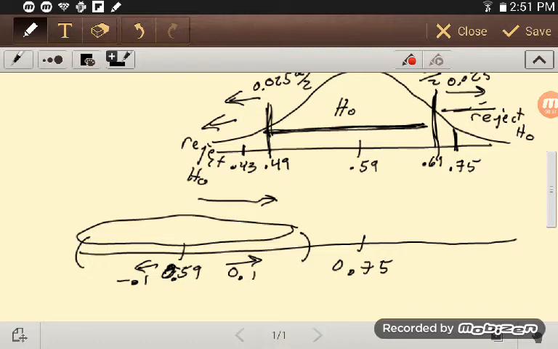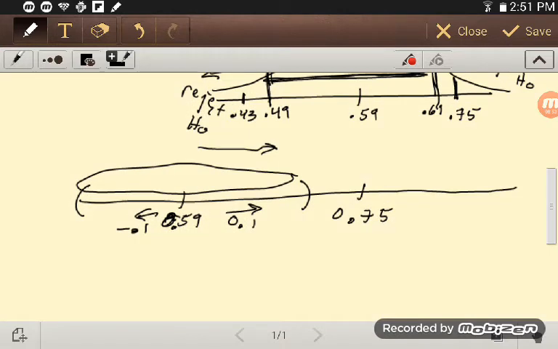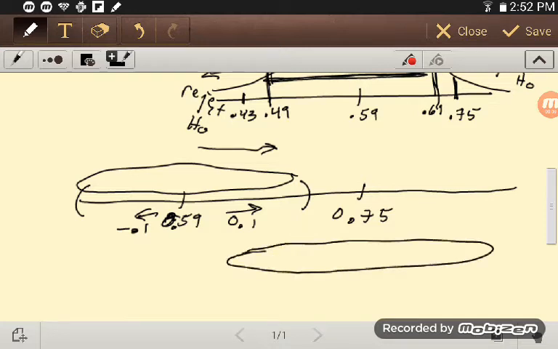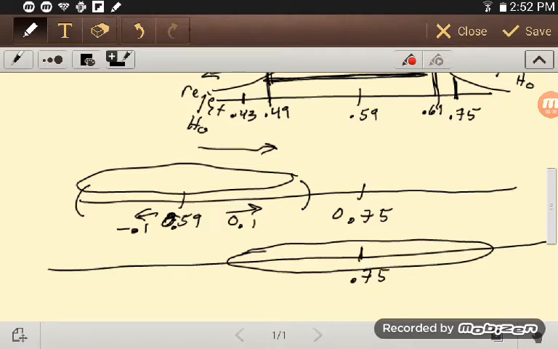So I move it over. I'm going to draw it a little below it in this case, and it will be in here somewhere, and if I draw that line, then you see there's 0.75.